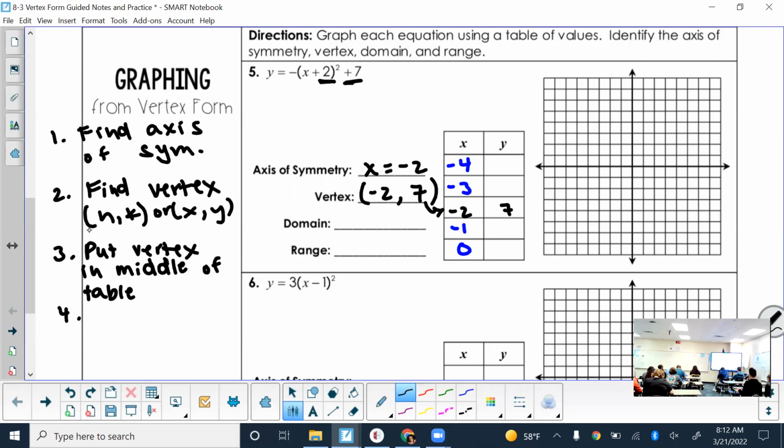Step 4 is complete the table with a calculator. Or Desmos is the one that I'm wanting you to practice with because that's the one you'll use in April on the Aspire test.